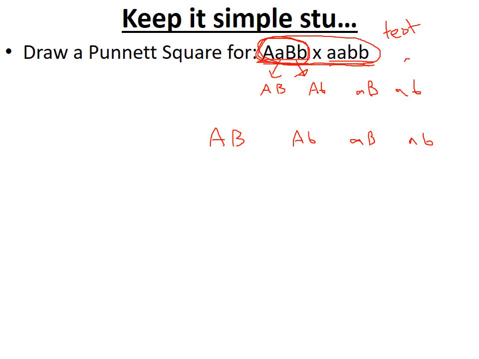The other parent only has one type of gamete. So in reality, you don't really need to make your 4 by 4 Punnett square. To save time, just put that one type of gamete here. You don't have to repeat it. So our Punnett square will be big A, little a, big B, little b.